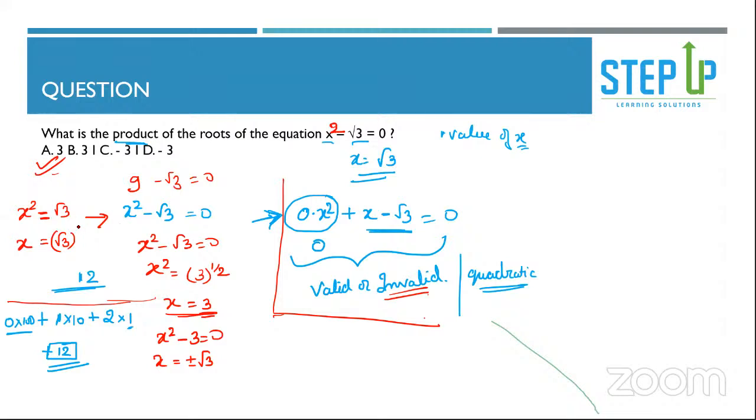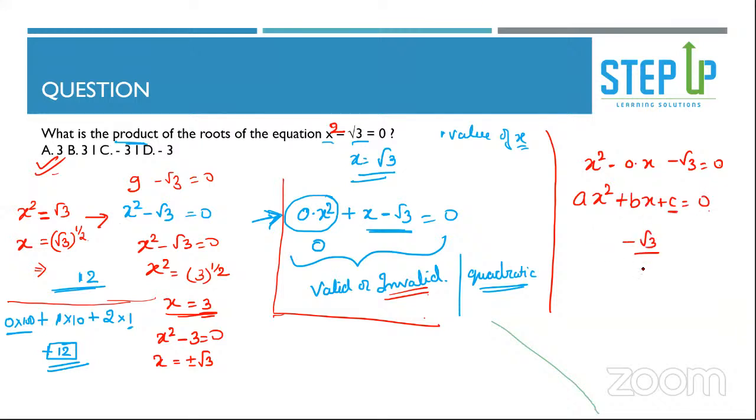Correct, root 3 by 1, but I'm trying to get it from here. What would the answer be? Fine. So x to the power 4 is the next step. We need to take the square on both sides. x square minus 0 into x minus root 3 equal to 0. This is of the form ax square minus bx plus c equal to 0, so your c is minus root 3 by 1.